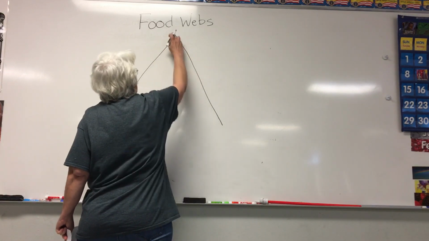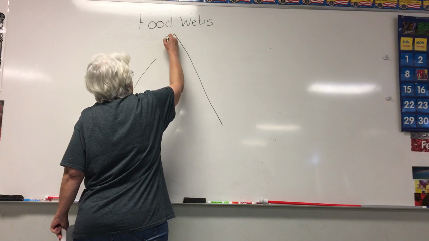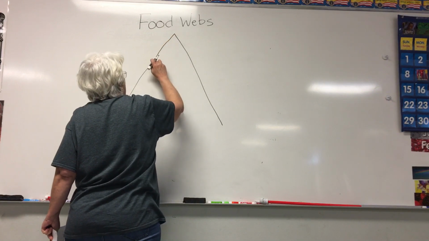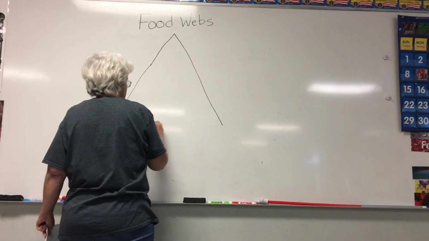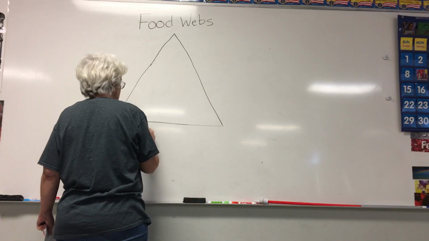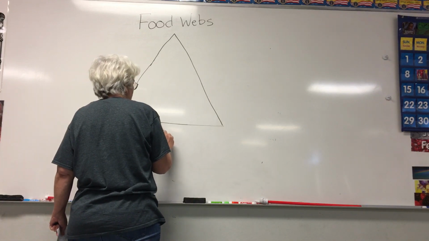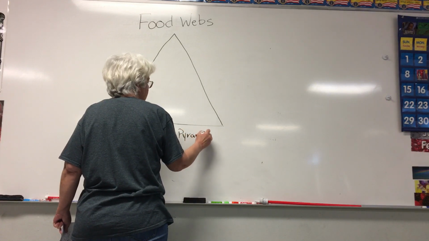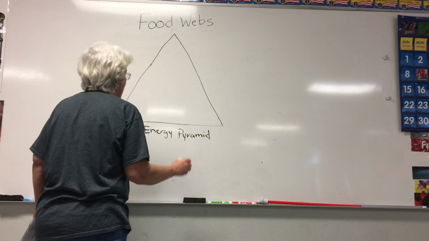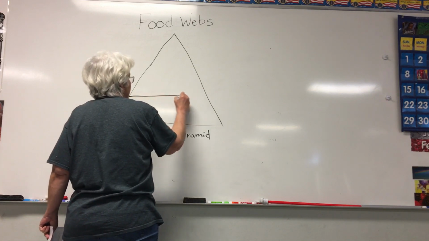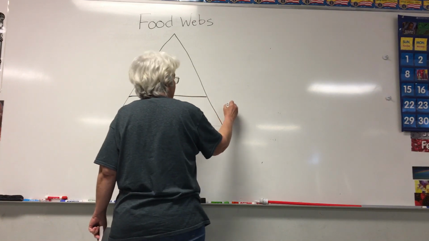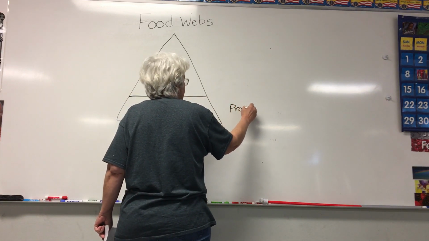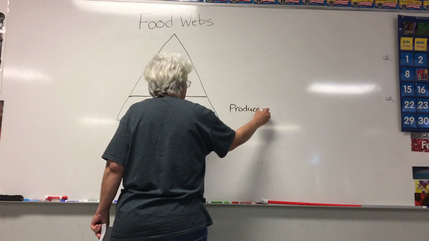That's not a very straight line up there. Let's try again. That's a lot better. Okay, so this is our energy pyramid. And of course, what would be at the bottom of our pyramid? Down here, we have our producers.